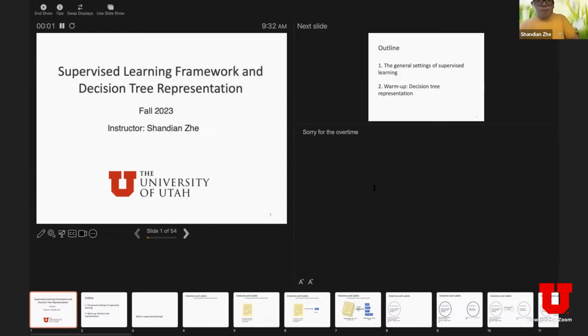Okay, so now come to the problem. What if we got a green triangle? Can we use our manually constructed tree to make a prediction? Seems not. Why? Because we're gonna stop in the middle. So for a green triangle, we start from the root node and first test the color attribute. It's green, so it matches the third branch. Now we arrive at this intermediate node and test the shape.